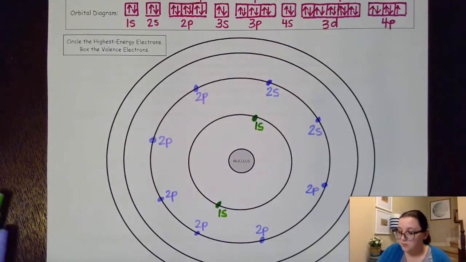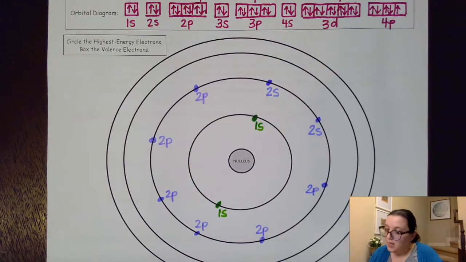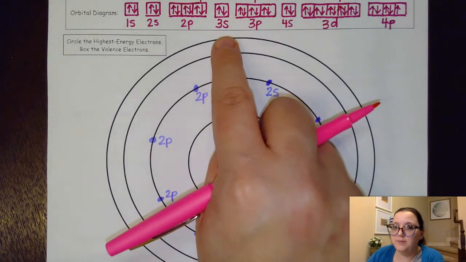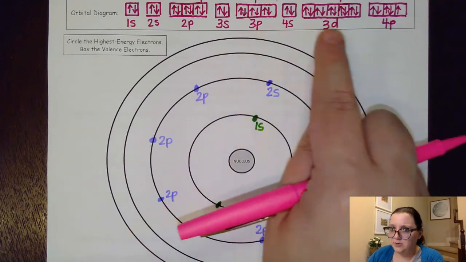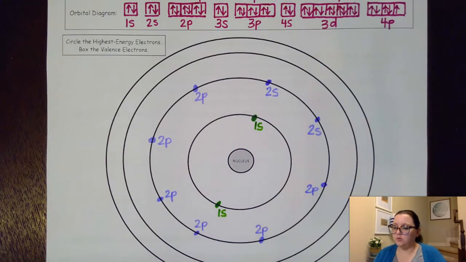Okay, so next, I have the third energy level. Now, here's where it gets kind of interesting. I have 3s, 3p, and 3D. Now, I know back in middle school, some of you are like, man, I feel like I only drew 8 dots on that third energy level. You probably did, because I'll be honest, back in middle school, your teachers did not want to have to explain to you how all of this quantum mechanics stuff worked.